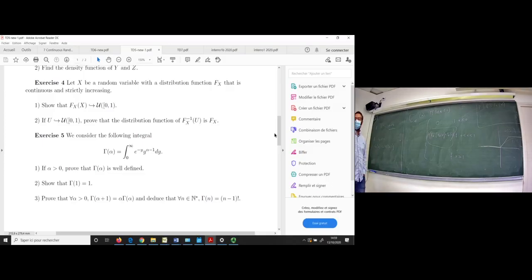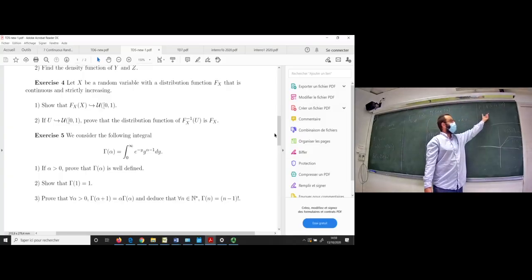Now, I said that it's finished. Why is it finished? Keep in mind that what I define as F_X of small x is the probability that capital X is less than small x. So you have here the distribution function of capital X at this point.